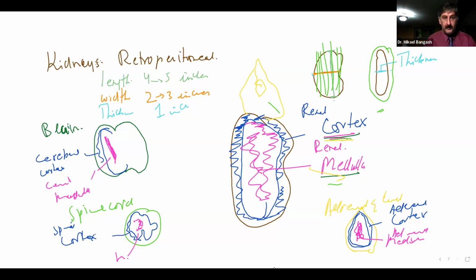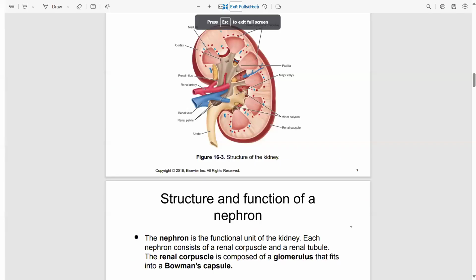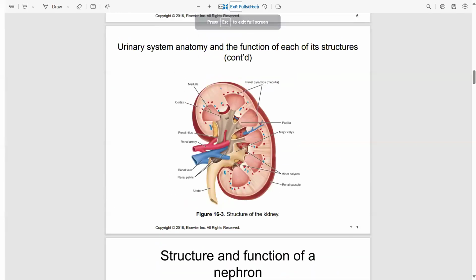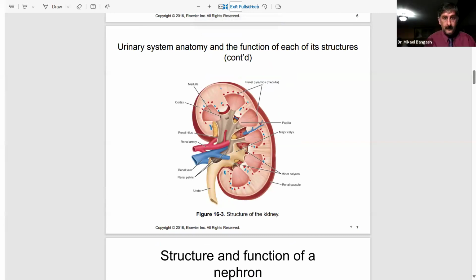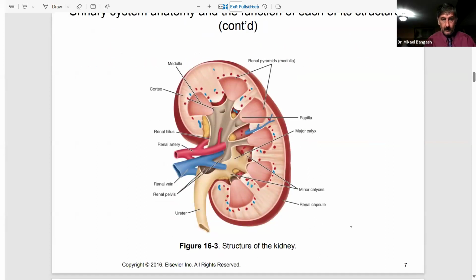And ladies and gentlemen, if you look here, you can see this fellow. Let's make it a little bit bigger. Because this is a kidney.